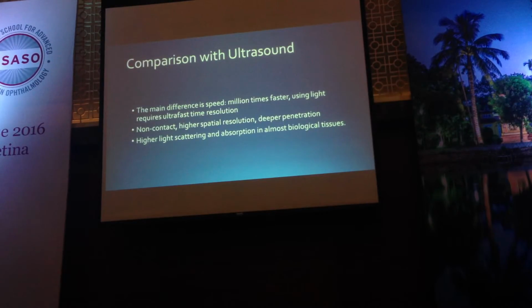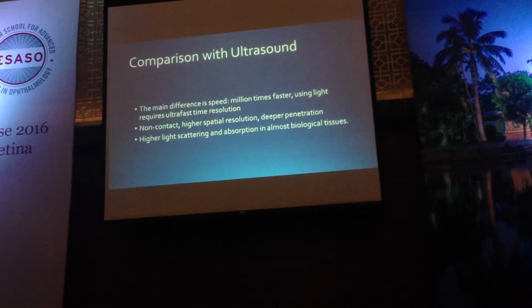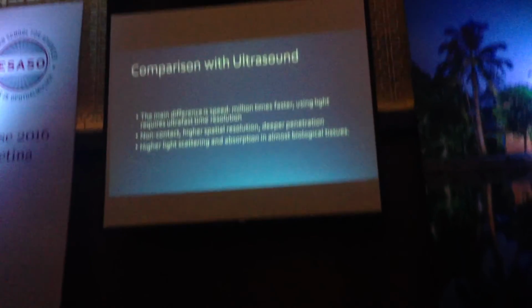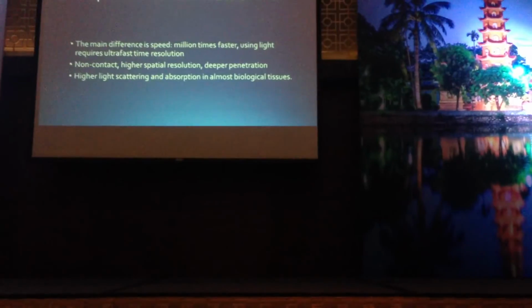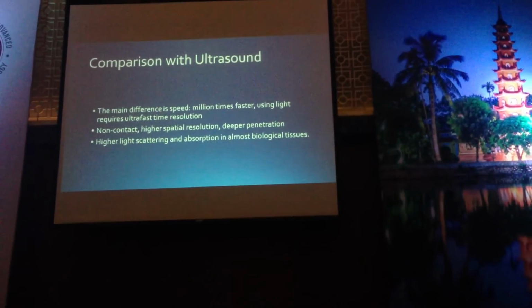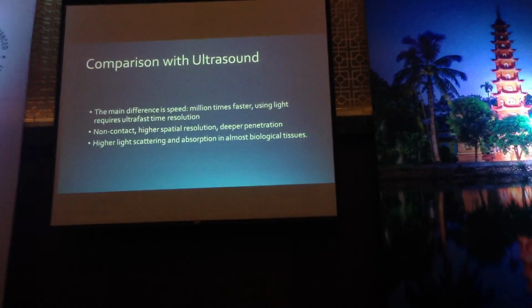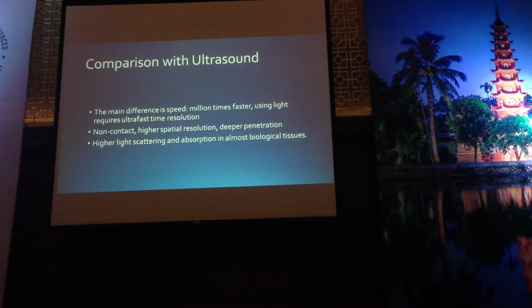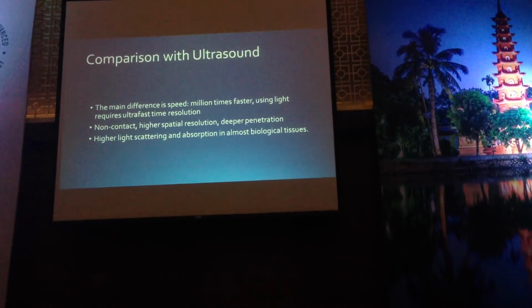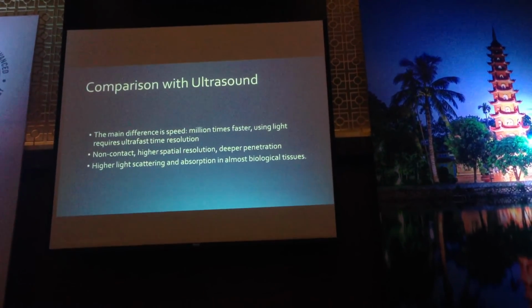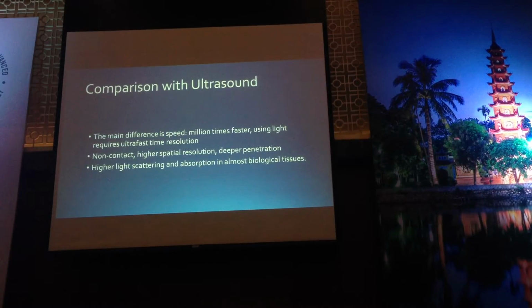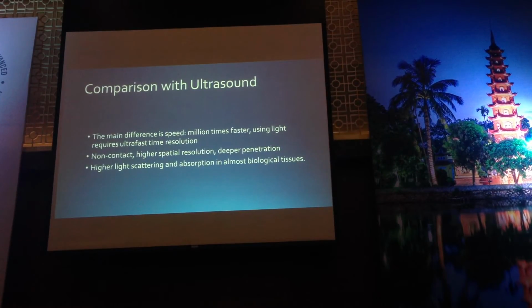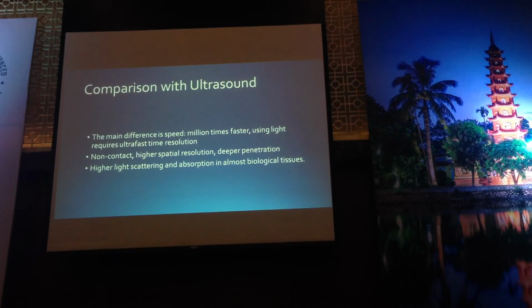However, there are some differences between ultrasound and OCT. The main difference, number one, is speed. Because if you're using light, the light is millions of times faster than sound, right? That's one key difference. And when you're using light, you require ultra fast time resolution as well.